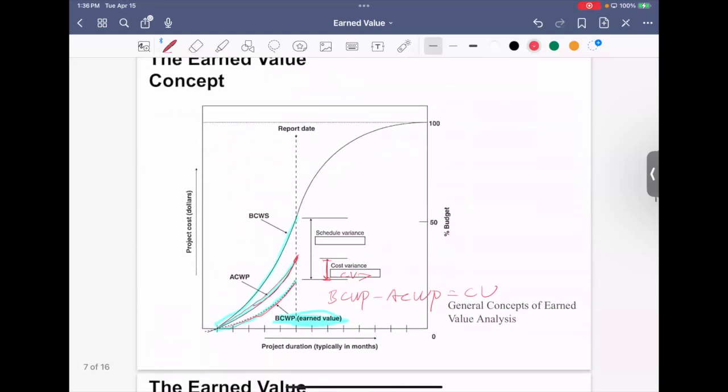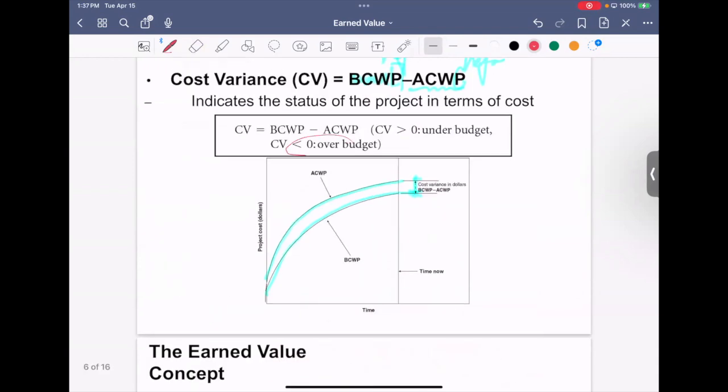So you have this CV less than 0, right? That means you are over your budget. You're overspending, right?